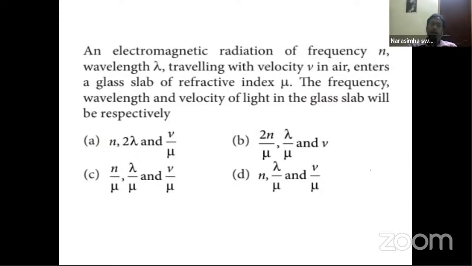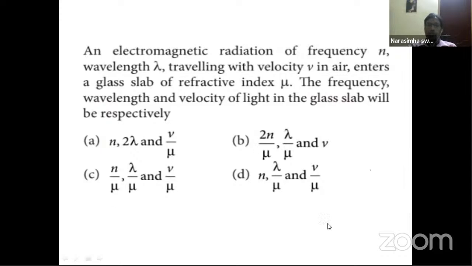The medium here is the glass slab, which has a certain refractive index mu, and when the light ray enters the glass slab, there will be a change in velocity. So that relation is given in terms of the refractive index.